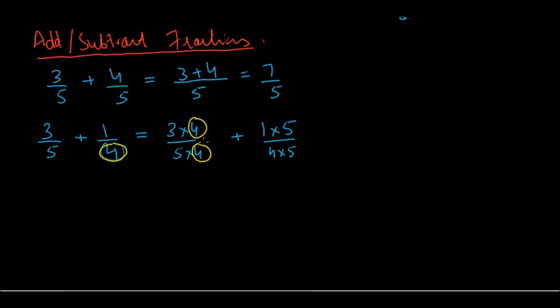And for the second fraction, I'm taking the denominator of the first fraction and multiplying the second fraction by that. Okay. So what this will end up doing is that you will have the same denominator in both fractions. 3 times 4 is 12, 5 times 4 is 20, plus 5 times 1 is 5, 4 times 5 is 20. And this would give me 17 over 20.